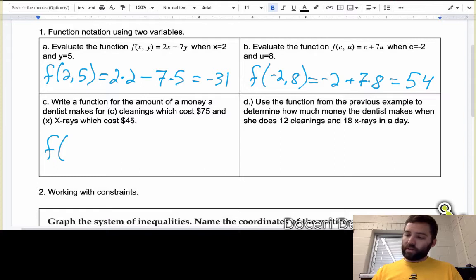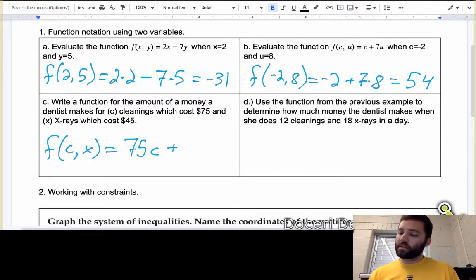So we'll write this, f of c comma x. That function will give us the amount of money made, and that will be $75 per cleaning, so 75c, plus $45 per x-ray, so 45x.